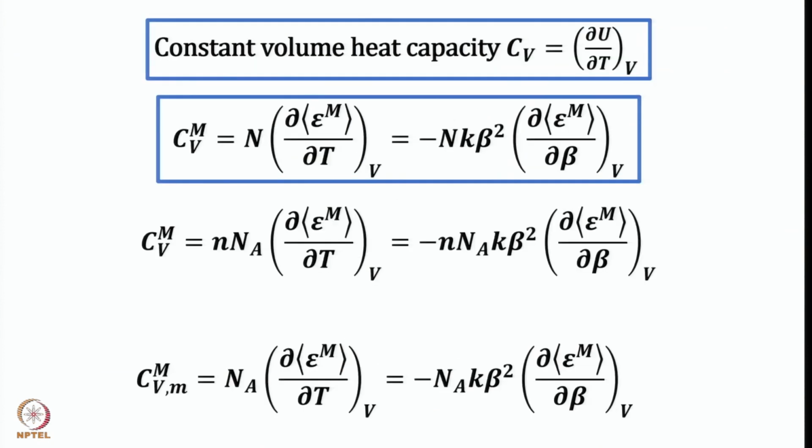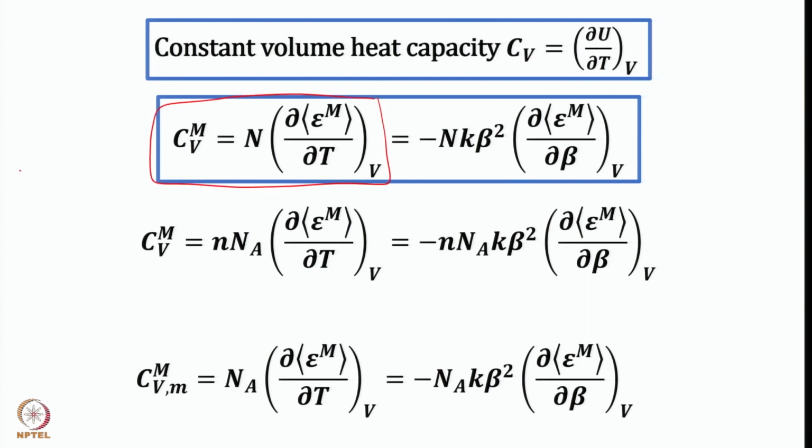Once you have information on mean energy, it and internal energy are correlated with each other. N times mean energy is equal to total energy, and total energy E is connected to U as U minus U0, and CV is connected to U, that means CV is connected to E. Here you can see that.